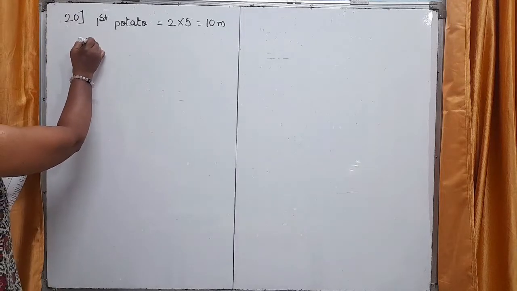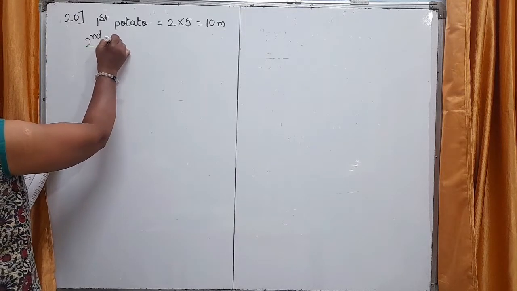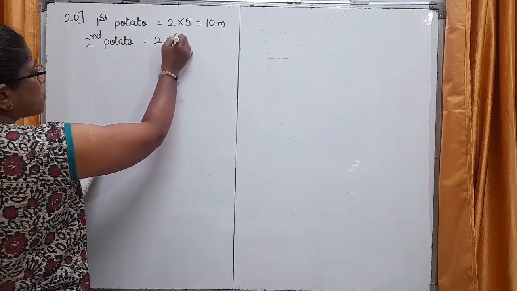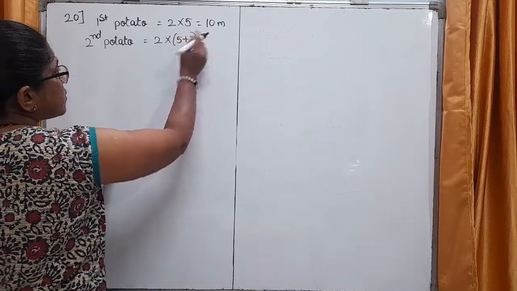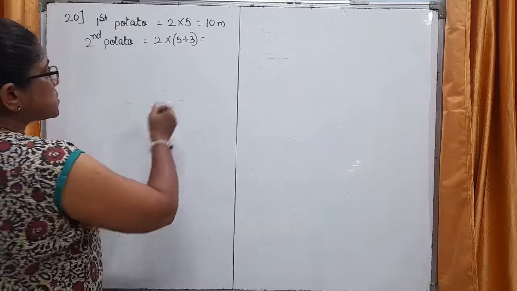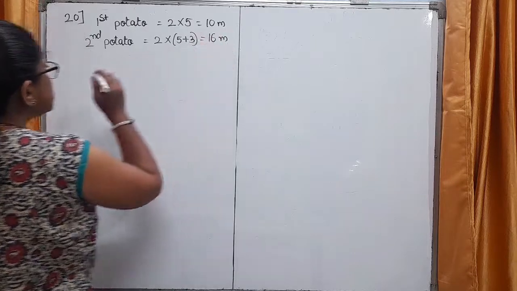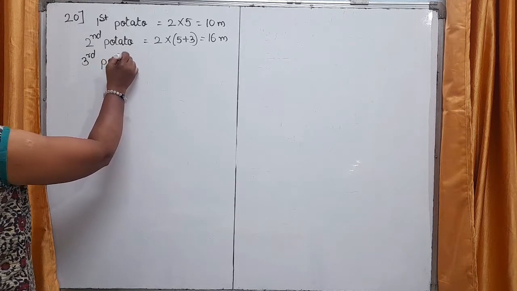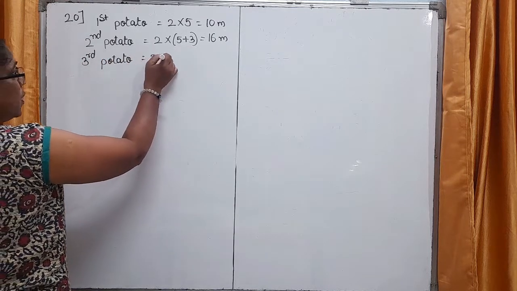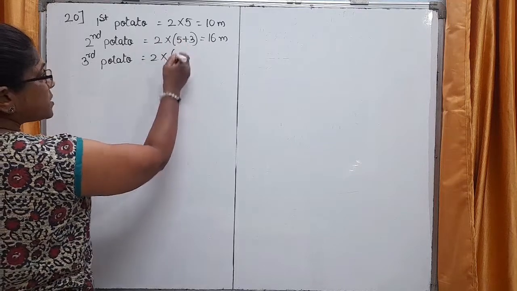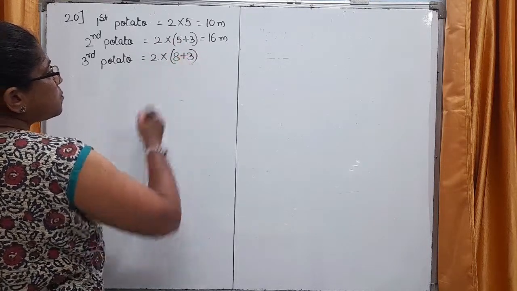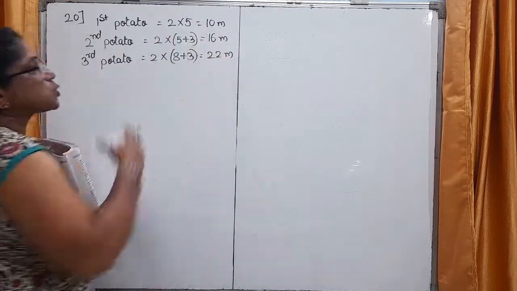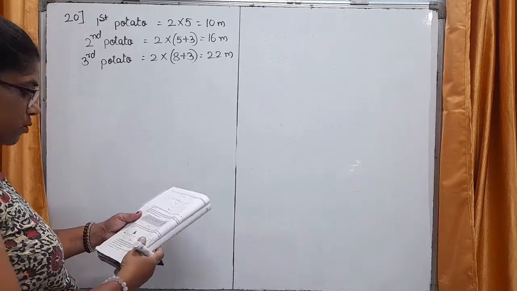Means here the distance covered for the second potato is 2 into (5 plus 3). 5 plus 3 is 8. 8 2s are 16. 16 meters. Similarly, the distance covered to collect the third potato is 2 into (8 plus 3). 8 plus 3 is 11. 11 2s are 22 meters, and so on.